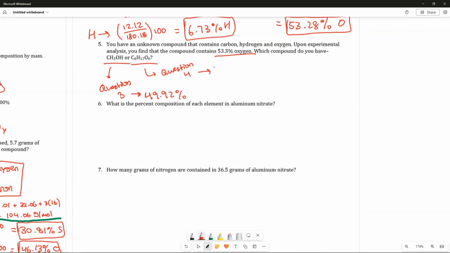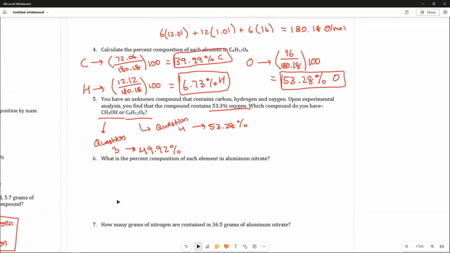Versus question 4, we just found that. It's on the top right corner of your screen here, 53.28. So which one's closer to 53? Obviously 53.28. Therefore, which compound do I have? Question 4 was talking about C6H12O6. Let's go ahead and circle that in green here.